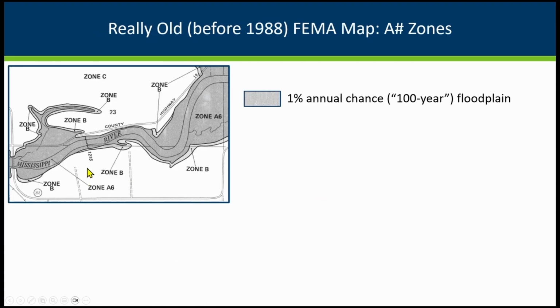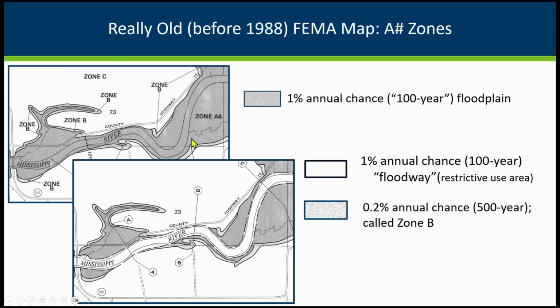On the older maps, instead of being zone AE, it will have A with a number. That number is the number of half feet between the 10-year and the 100-year flood elevations, but it's that same color, that gray area. And the light gray area is going to be your 500-year zone, but it's called zone B in those older maps instead of the shaded zone X. The other change with those older maps is often the floodway, instead of having black hatching, will have a white area.